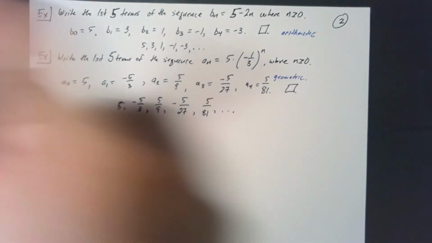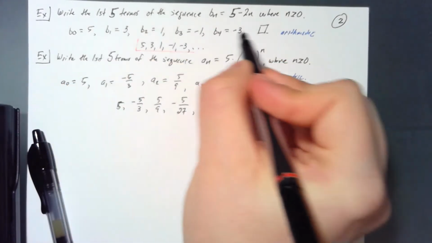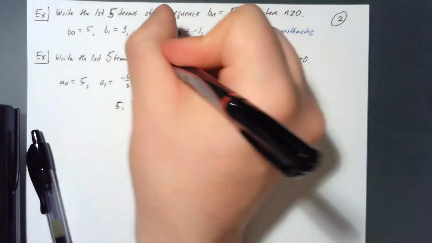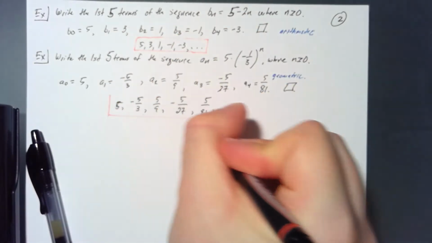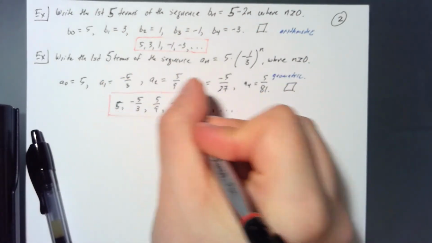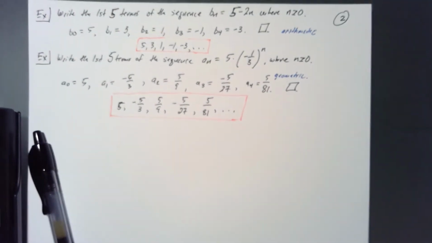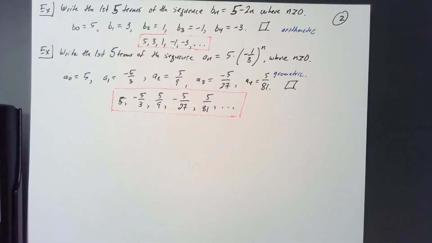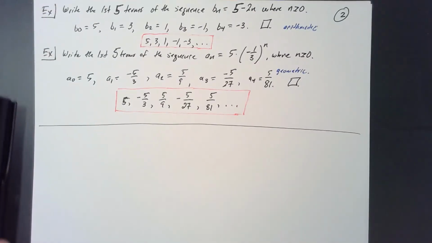You could just write it this way, but there's certainly nothing wrong with writing it this way or this way. Okay, all right. So, listing the terms of a sequence, that's pretty straightforward.